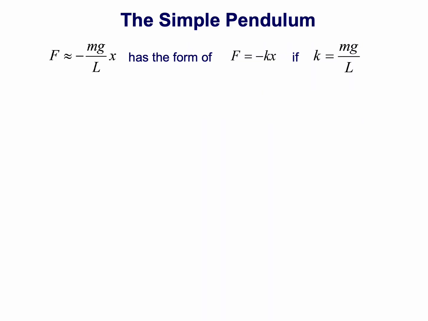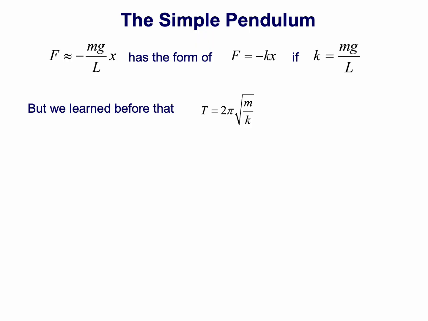Again, we understand that a spring oscillates back and forth, like we've learned, and a pendulum oscillates back and forth. So we have this interesting idea that the period of the spring was 2 pi square root of m over k. So it had to depend on the mass attached to the spring and the spring constant.